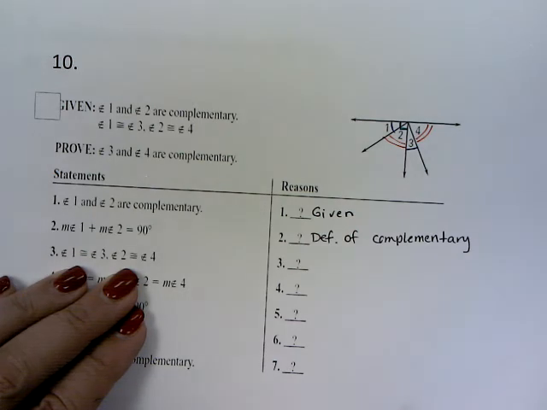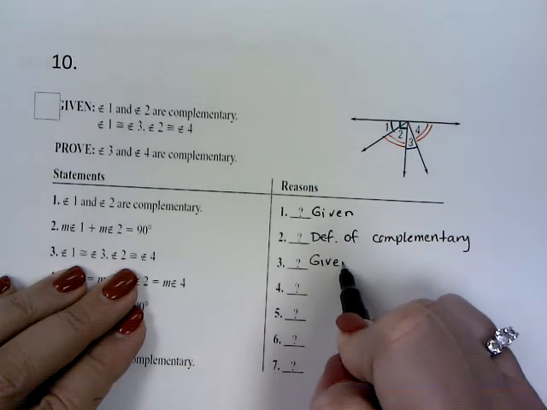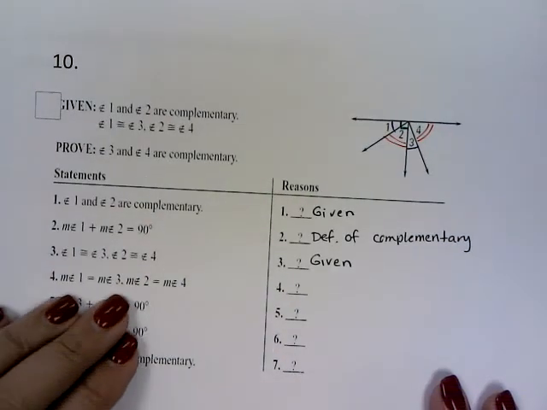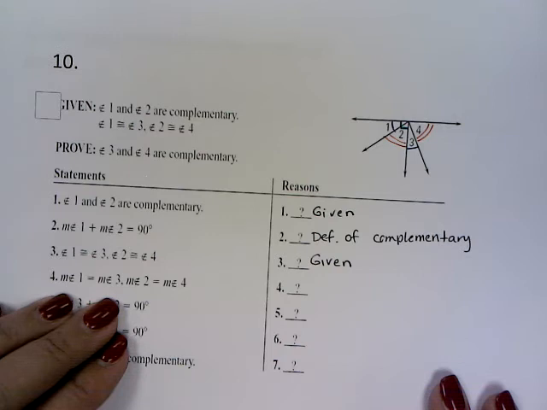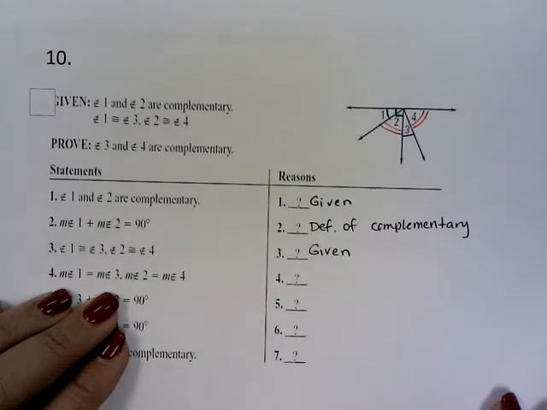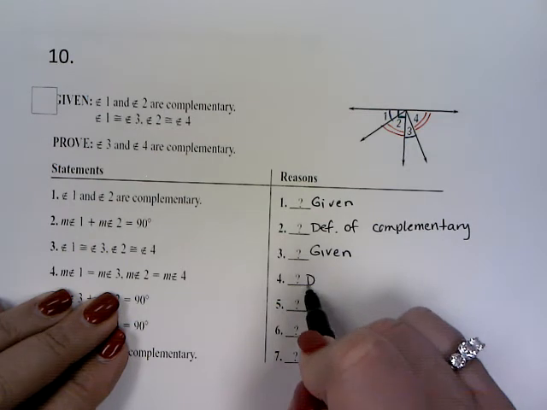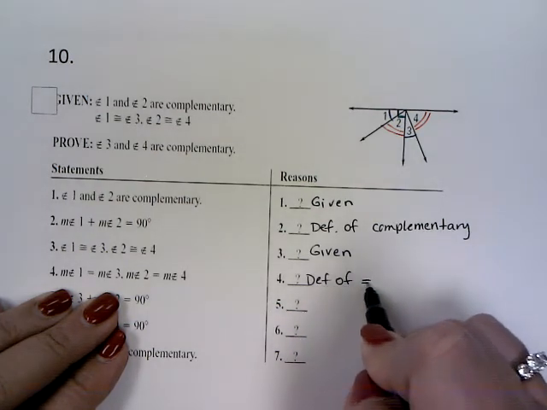Okay, angle 1 is congruent to angle 3, and angle 2 is congruent to angle 4. That's right up there in my given. Oh, it changed it to the measure of angle 1 is equal. We went from congruence to equality. That's the definition of congruent.